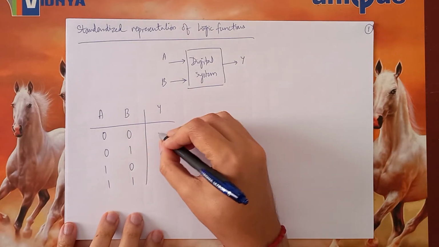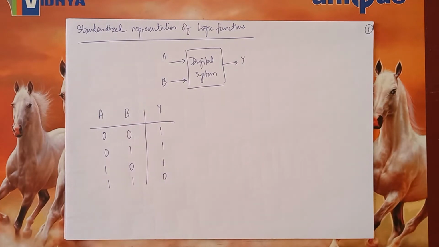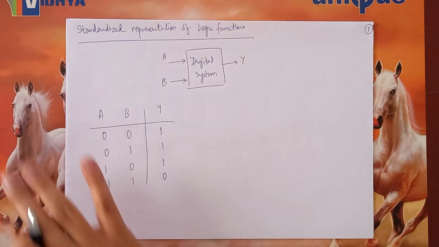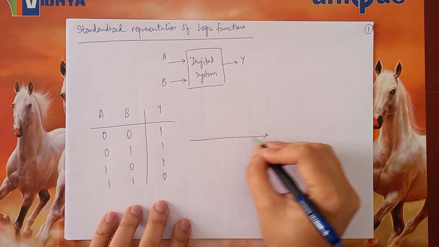Since it's a 2 variable system, we can just quickly take a look at this truth table and say that okay, this looks very similar to a NAND gate. But suppose we are not very well aware of gates at the moment, and our only question is that just by looking at the truth table, is there any way through which we can obtain a logic expression?